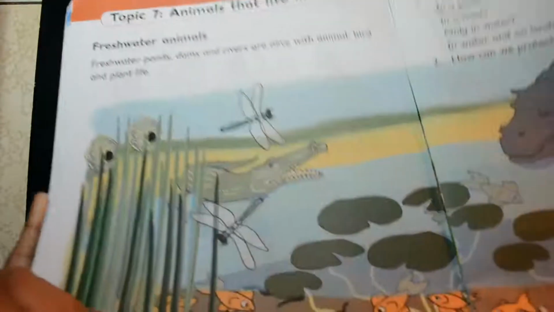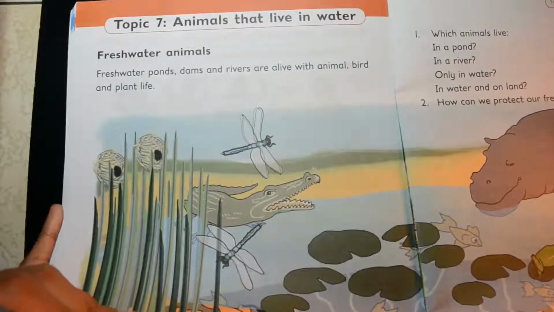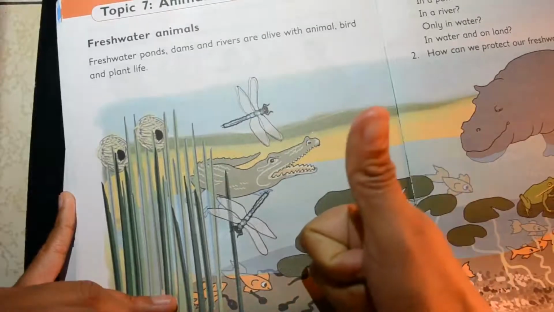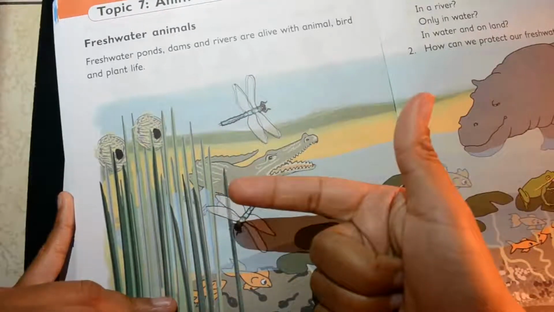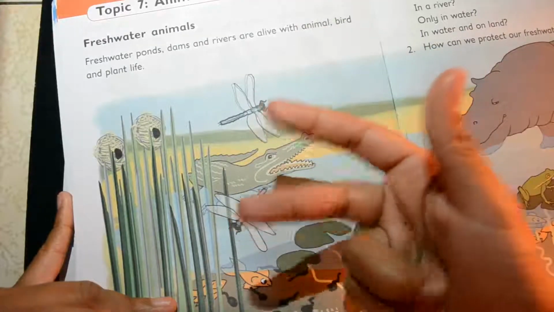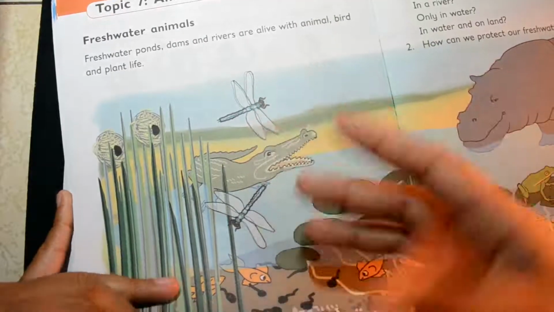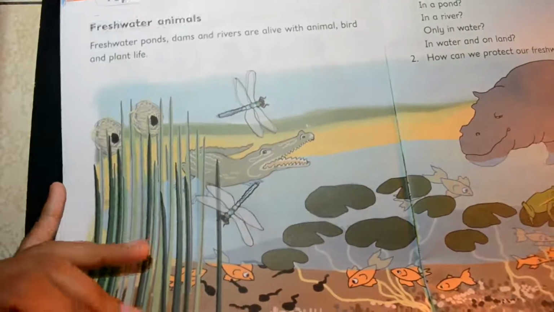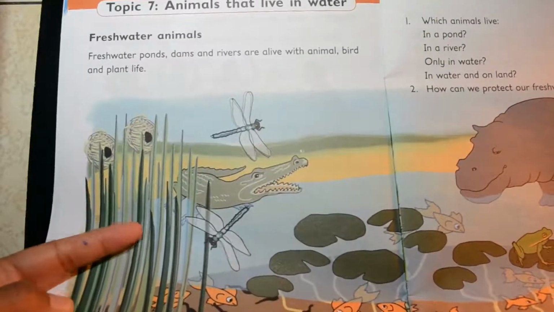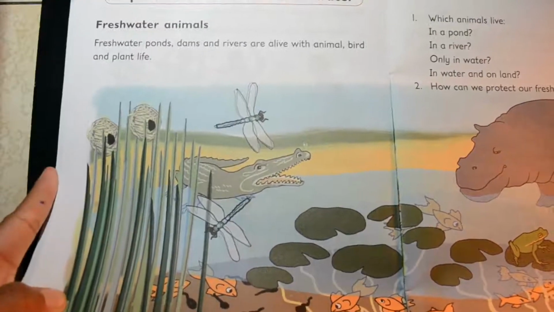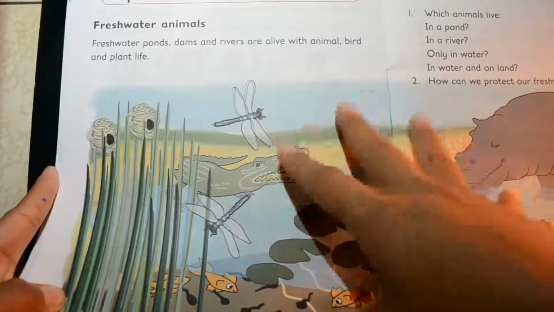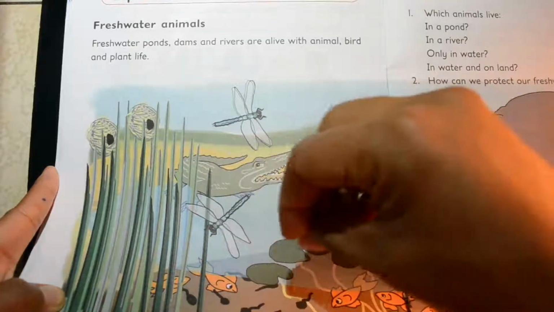So when we talk about fresh water, we're talking about your ponds, your dams, your rivers, and also your lakes. For today, we're going to be looking at a pond. A pond is basically a smaller lake. A lake is big, but a pond is small.